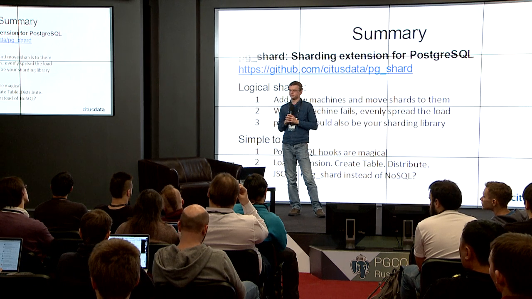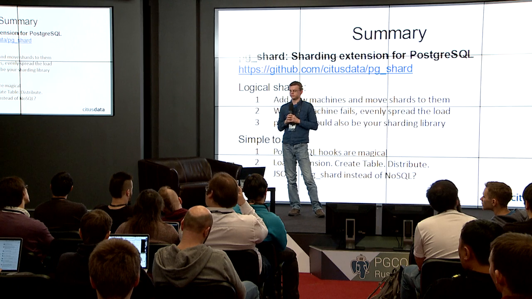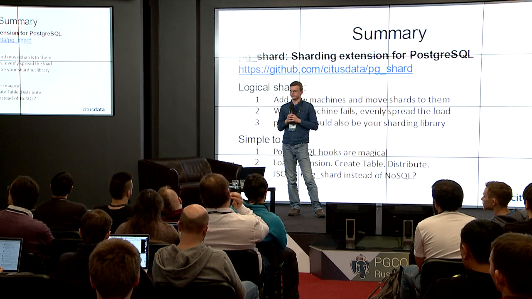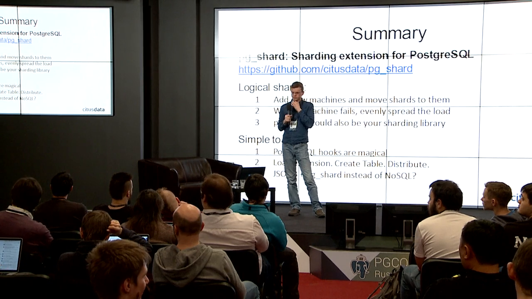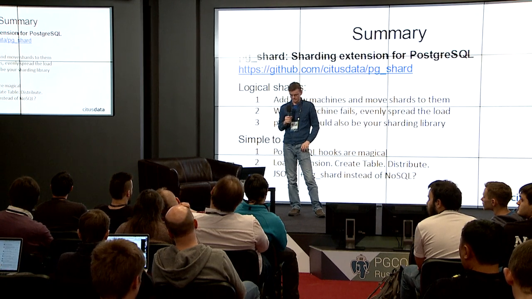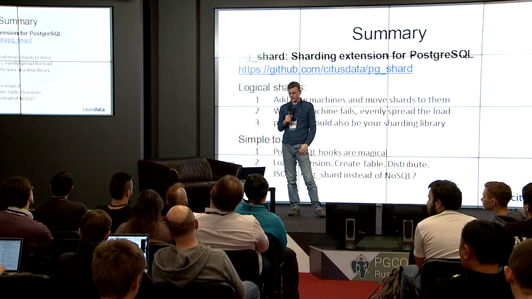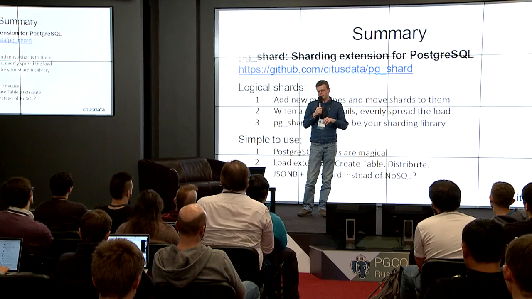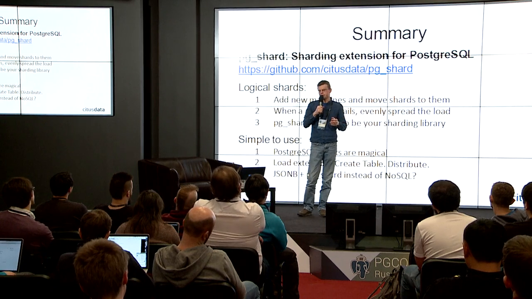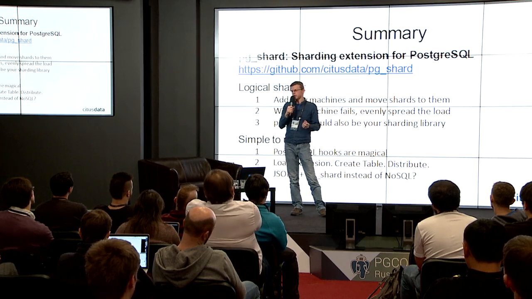How does your solution differ from PL/Proxy and Citus? So the question is how your extension differs from PL/Proxy or Citus. I know PL/Proxy, and what you do there is it's based on functions, basically.